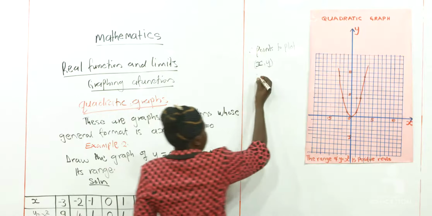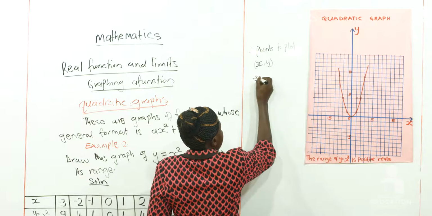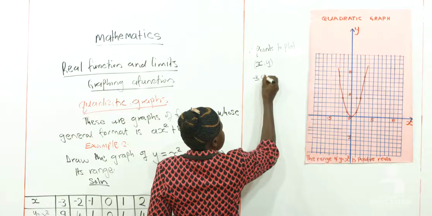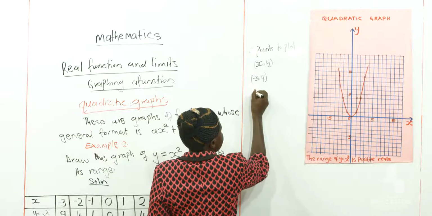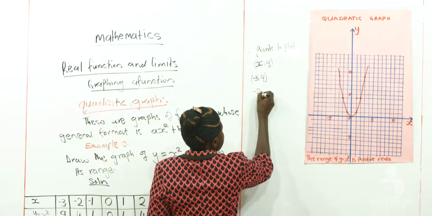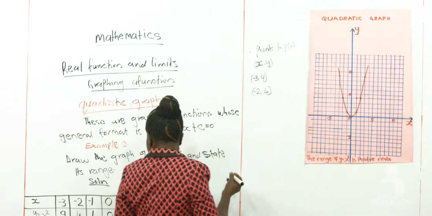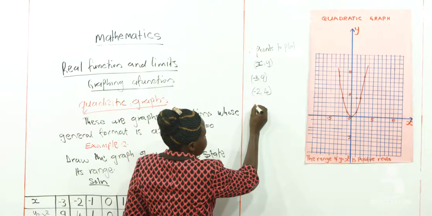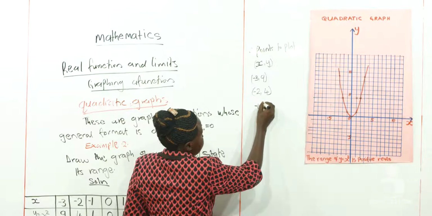So we shall have x is negative 3, and then y is positive 9. And then x is negative 2, and y is positive 4. Then x is negative 1, and y is positive 1.